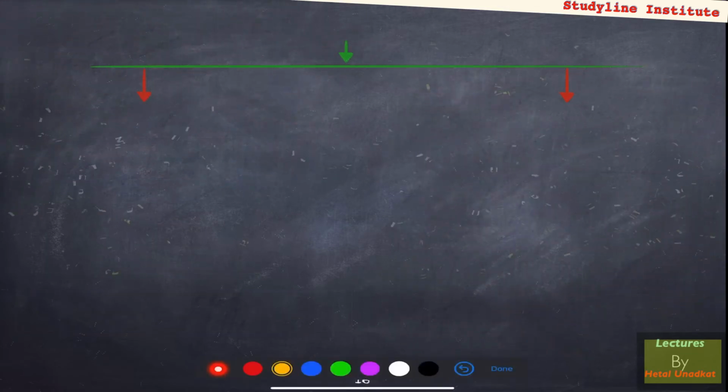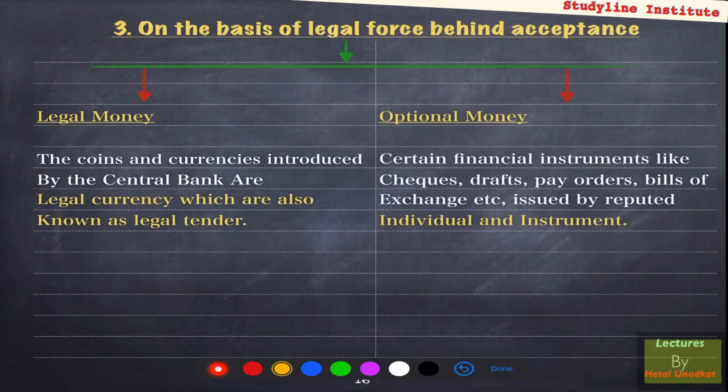Now, the third type is on the basis of legal force behind acceptance. Legal force. We know when the government introduced the ban on 500 rupee notes, after 12 o'clock this money was not going to be legal tender.